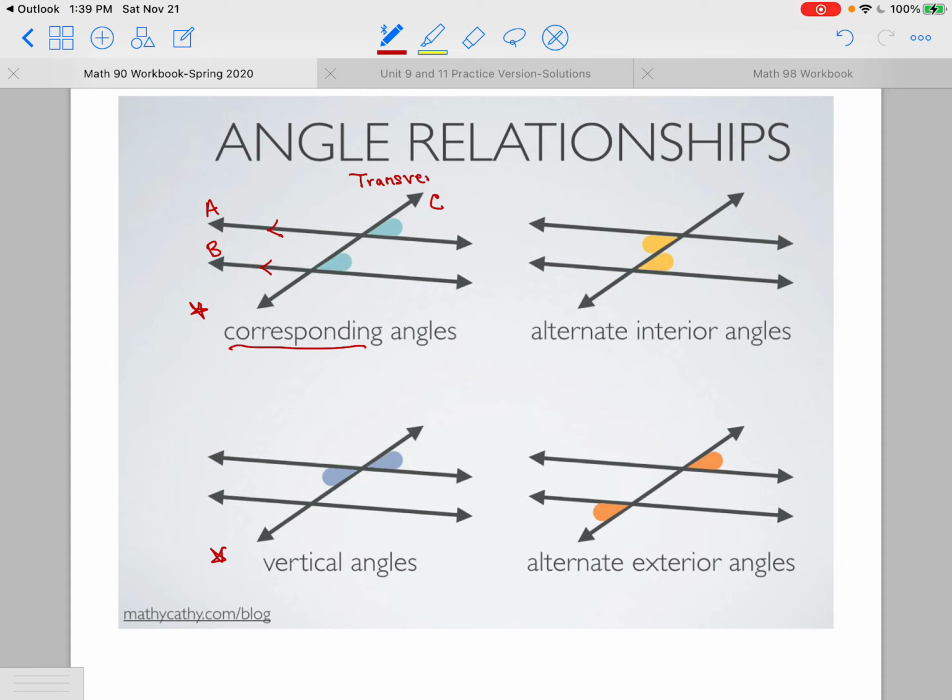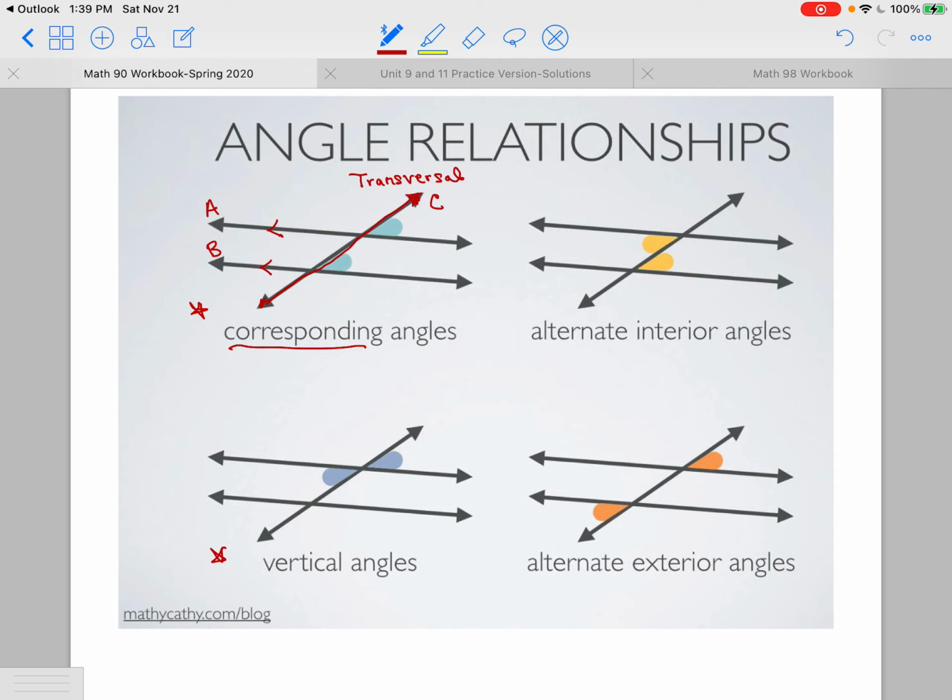And a transversal just runs through two parallel lines. So this transversal runs through line A and B, which are parallel to each other. When you have that happen, then you can actually look at the angles, and they also have some interesting relationships.